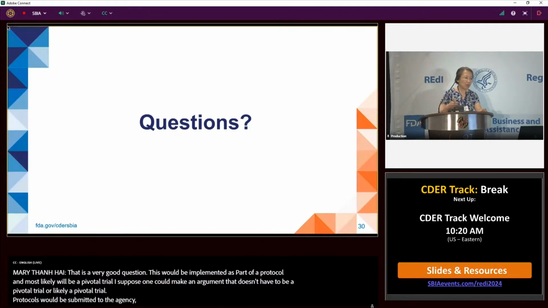I can't remember the exact time frame, but usually the time frame for responding to these types of questions is probably 45 days to 2 months. Because there's an understanding that if it's a pivotal trial, we don't want to wait too long, because companies need to be able to get this understanding to move forward.